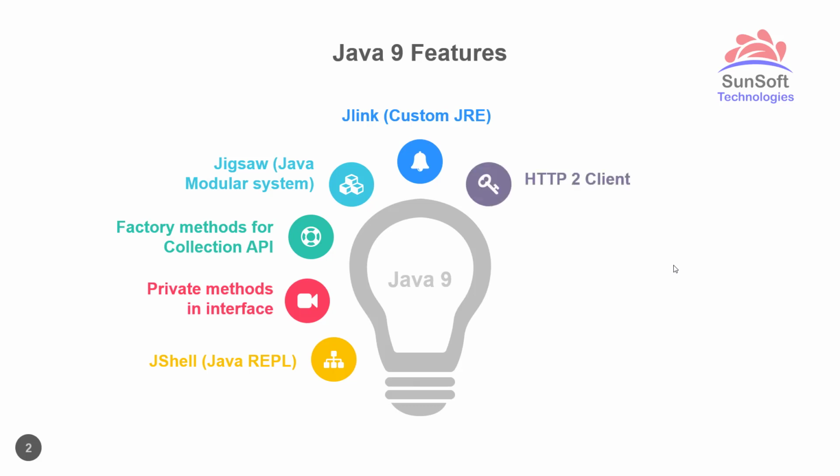Then there is a new inclusion in Java 9, the support for the HTTP version 2 protocol, which is provided through the HTTP client API. Now, what is the difference between HTTP 1 and HTTP 2? HTTP 2 communication supports both blocking and non-blocking. Blocking means once the request is sent, the client has to wait for the response.